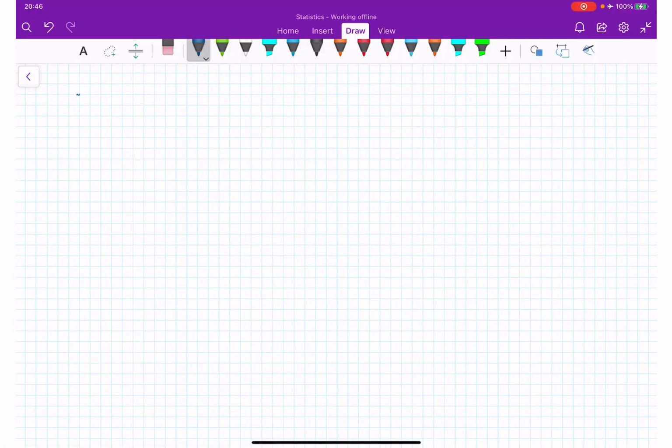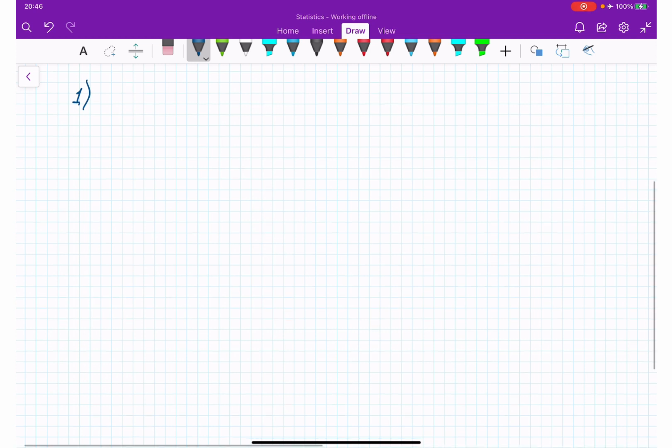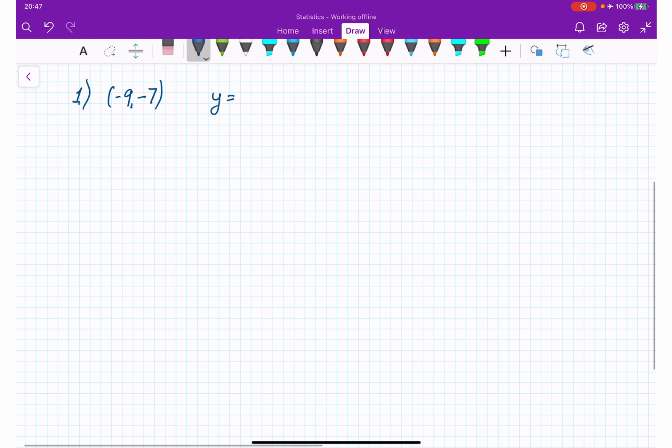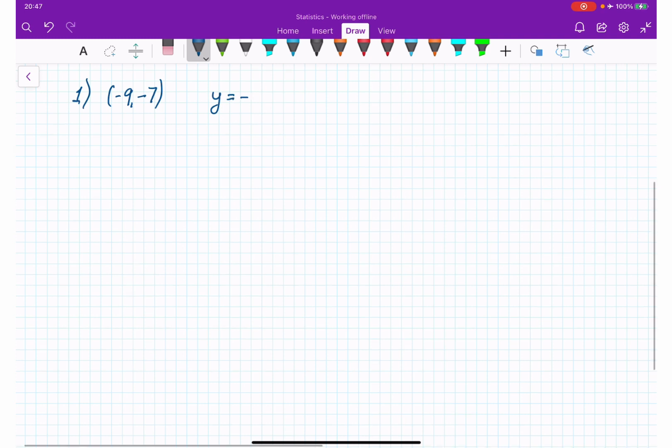Okay, we are given the point (-9, -7), and we are given the equation of the line y equals -3x plus 5.